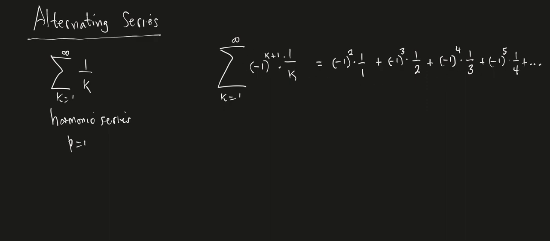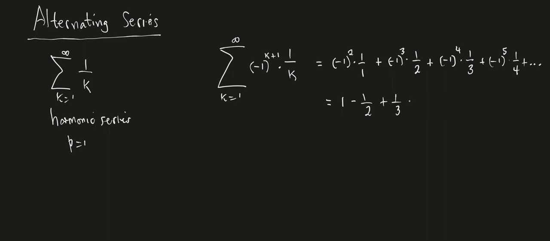If we now stick this little factor right in front of the 1/k, let's simplify and see what happens. Well, (-1)^2 is 1 times 1/1, that's all equal to 1. (-1)^3 is negative 1 times 1/2 gives us negative 1/2. And then (-1)^4 is 1 times 1/3, so that's a positive 1/3.